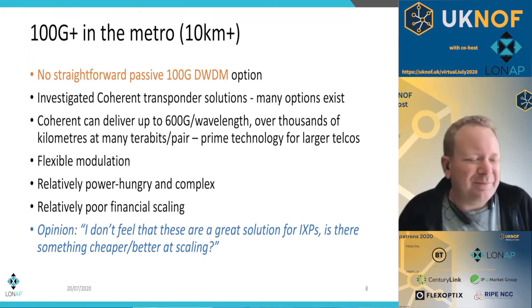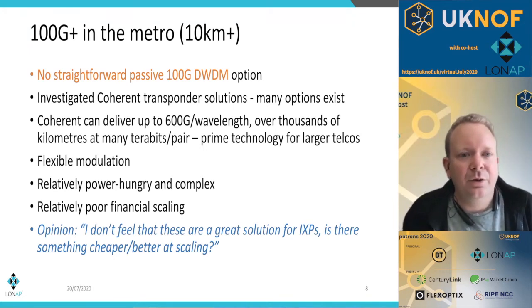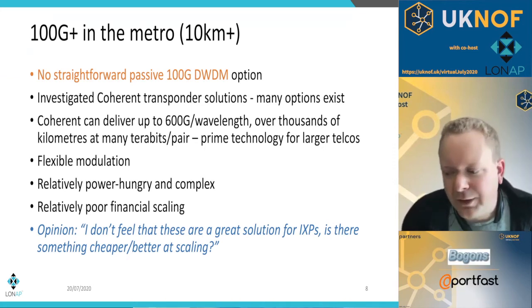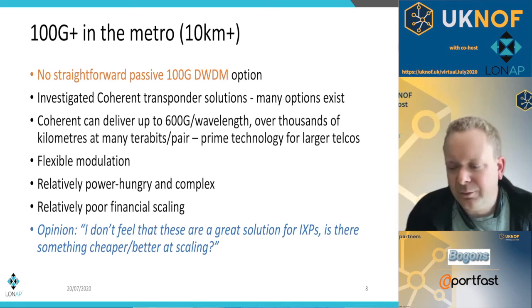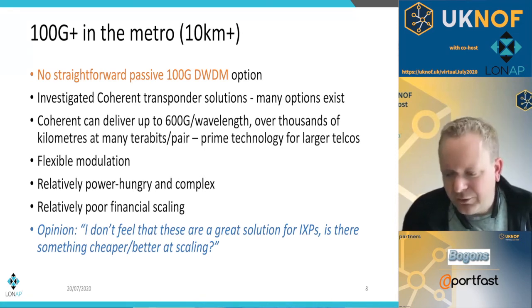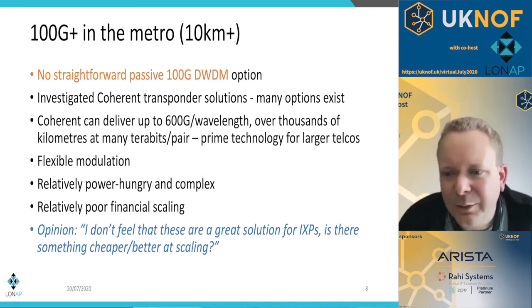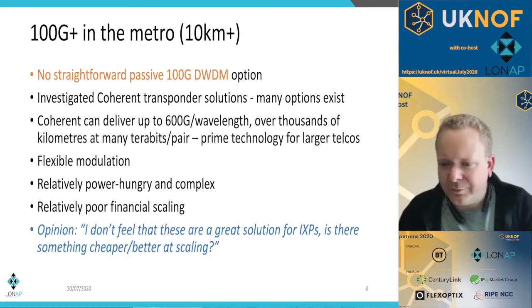There's quite a lot there, but the thing is, they are relatively power hungry and complex, and also on a scaling basis, it maybe doesn't scale as well for lighting additional 100 gigs. So I didn't really feel these were the right solution for internet exchanges. Is there something cheaper or better that we can use?